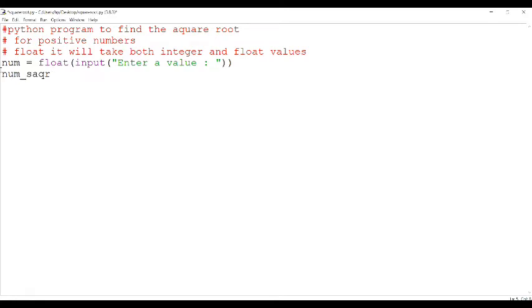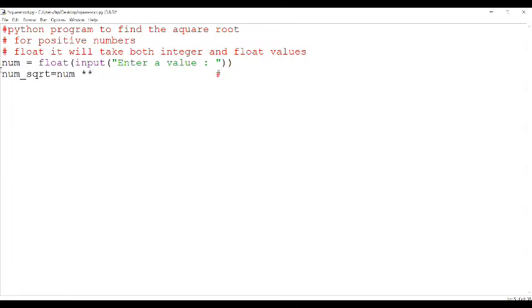So num square root. Here I am storing the result of the value that I had stored in num, which was given by the user. Num, I am using the exponent operator.